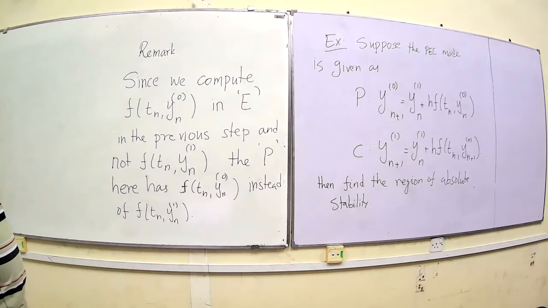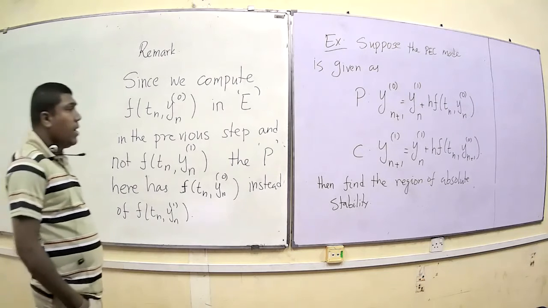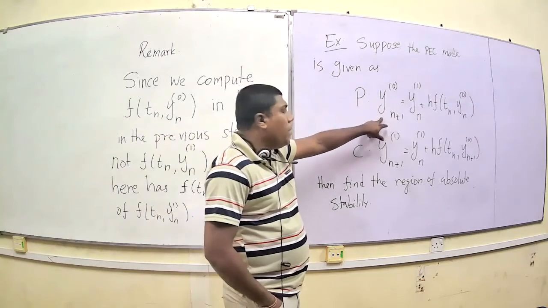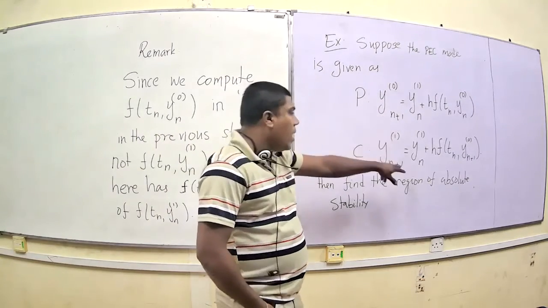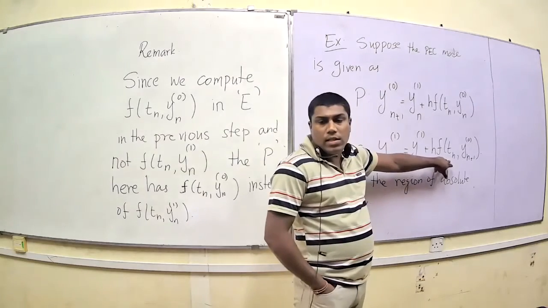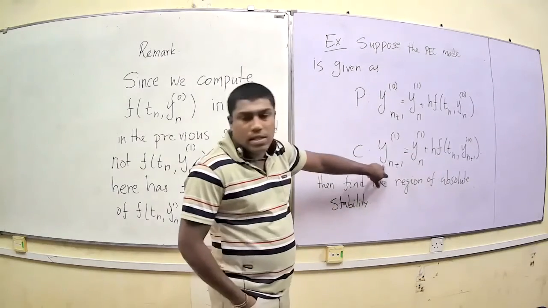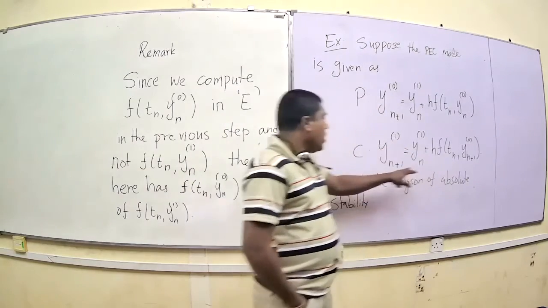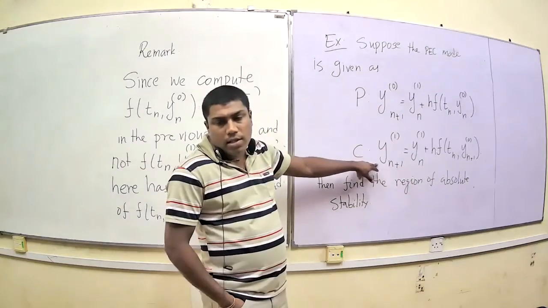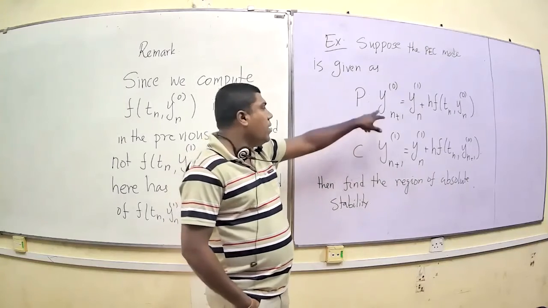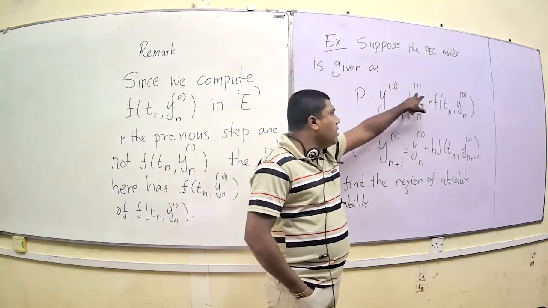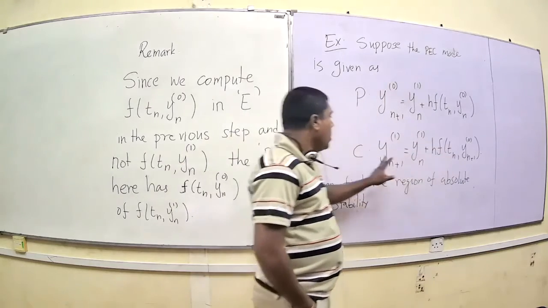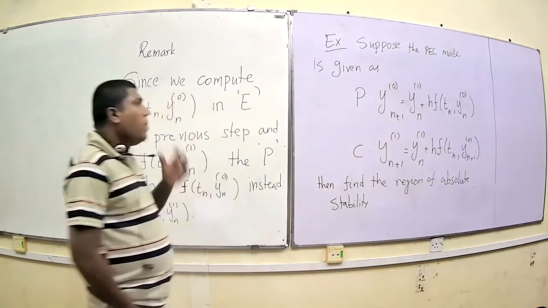In the predictor evaluator corrector, first in the predictor you compute this, and then you evaluate this, and then you compute this. That is what you do: predict, evaluate, correct. You are given this, so you compute this, and you evaluate this.